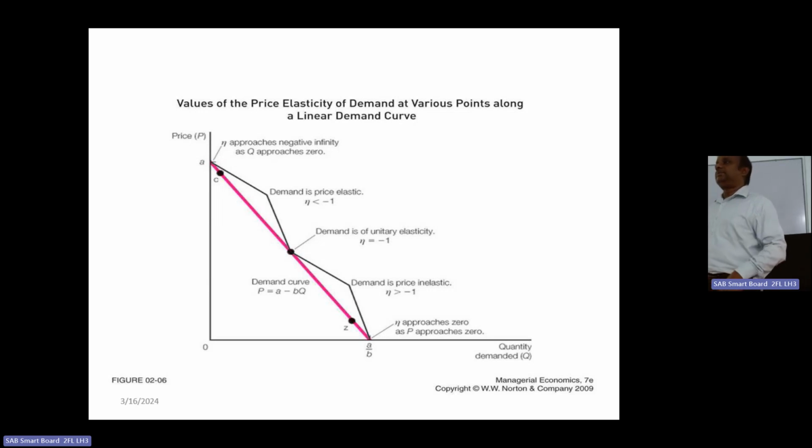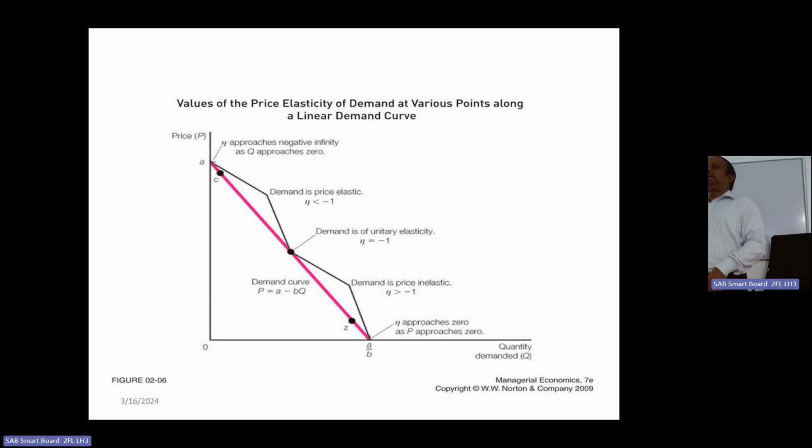That measures the responsiveness of demand to a change in the own price of the product, when other factors remain constant. That is the assumption we make. We assume all other factors remain constant, and when the price of the own product increases or decreases, we consider how it affects the demand for the product.